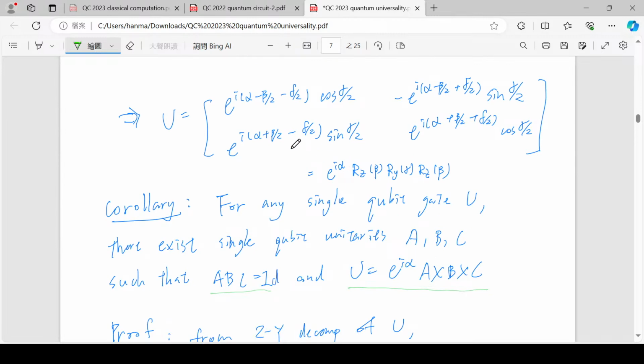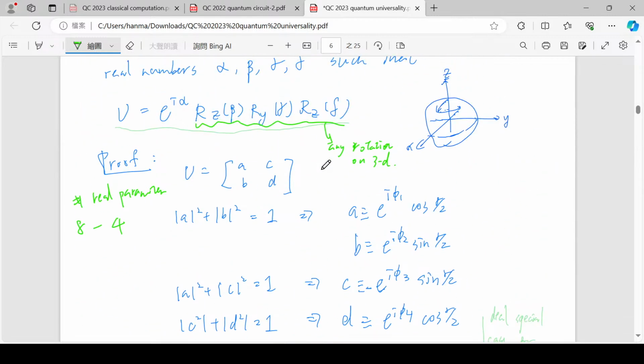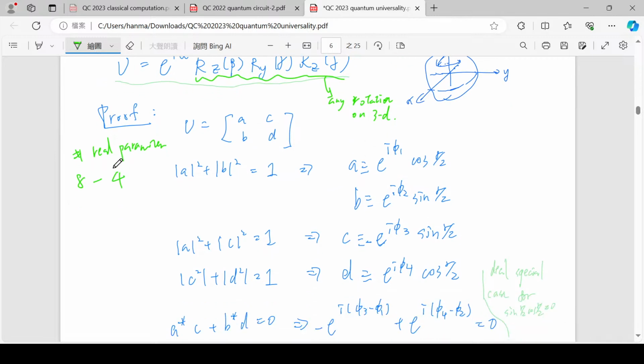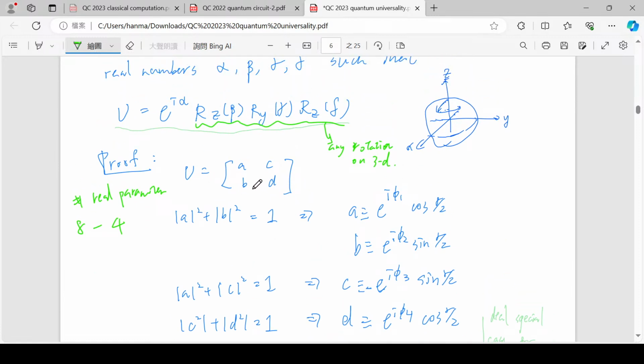Okay, and sadly this is not too intuitive. Basically we count the parameters, and we see that every ABCD that satisfies the constraints becomes unitary.